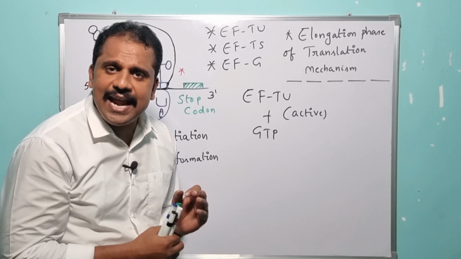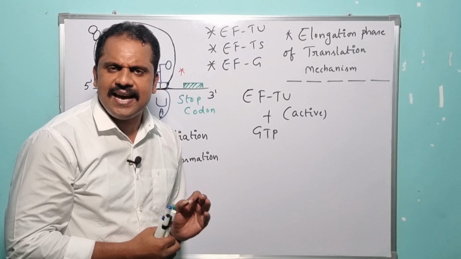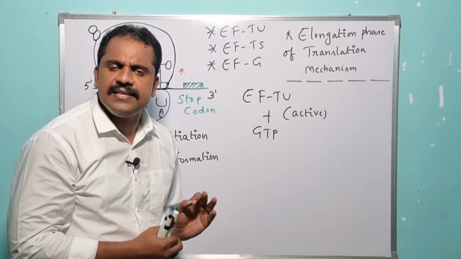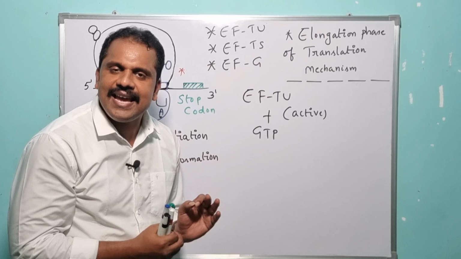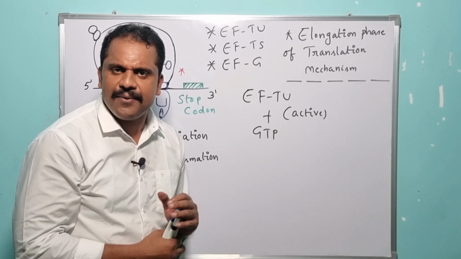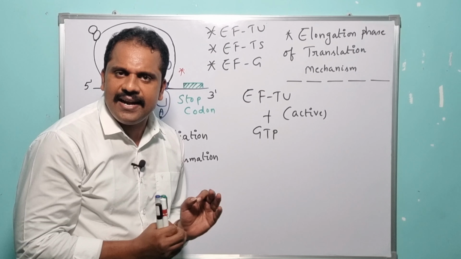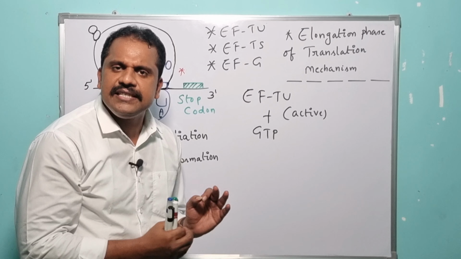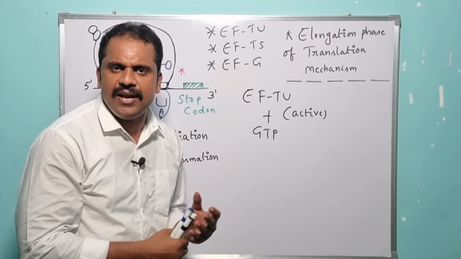So by taking advantage of 23S rRNA, the peptide bond formation takes place between the initiator tRNA's encoding amino acid and the amino acid tRNA's encoding amino acid. For your better understanding, let me present you the chemical reaction which takes place between these two amino acids.